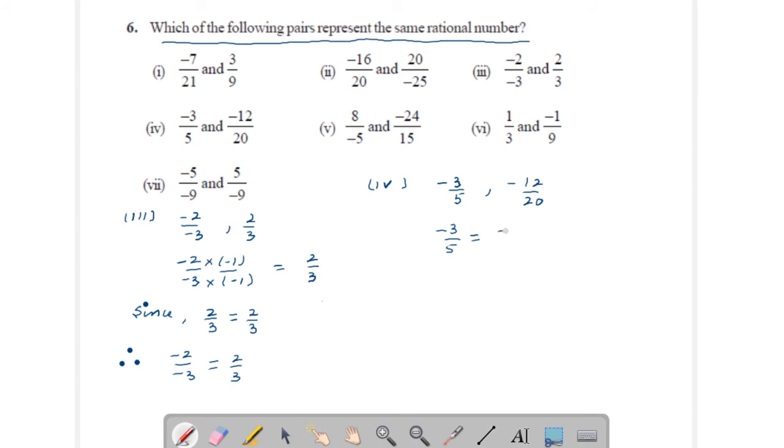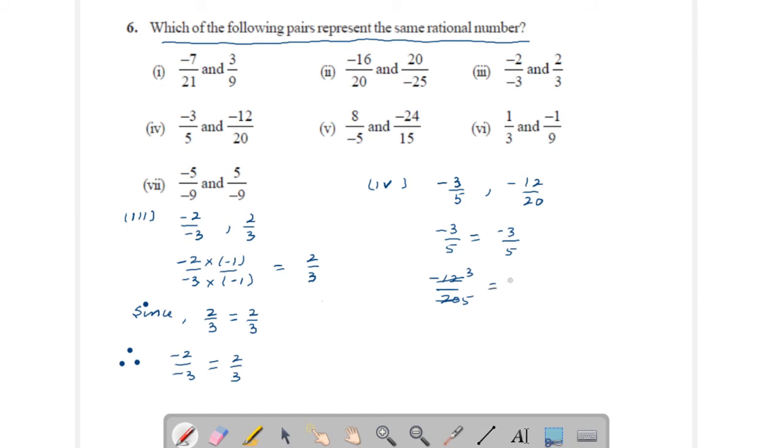It is minus 3 upon 5 only. Let us take the second rational number, minus 12 upon 20. Here simplify it by 4. 4 threes are 12, 4 fives are 20.